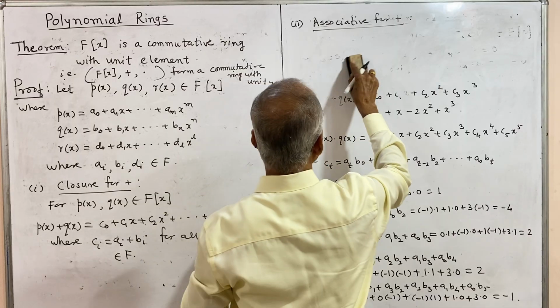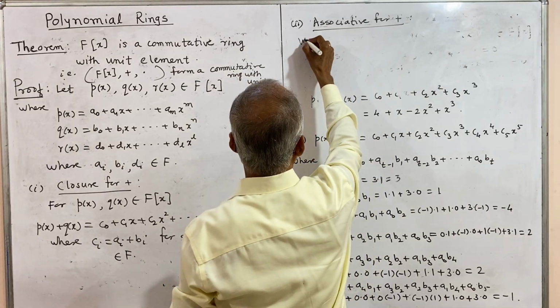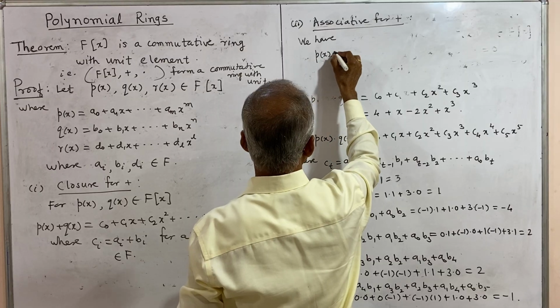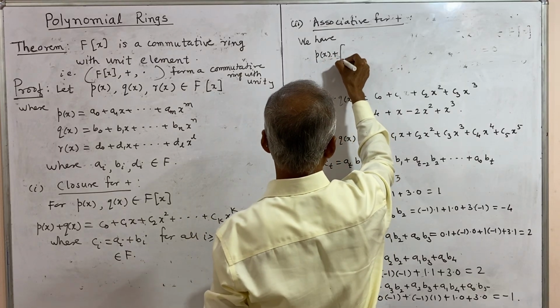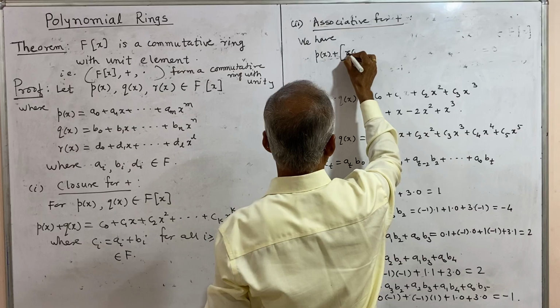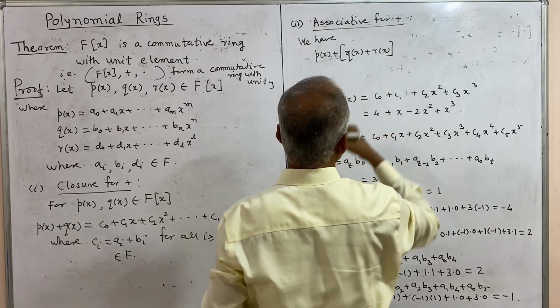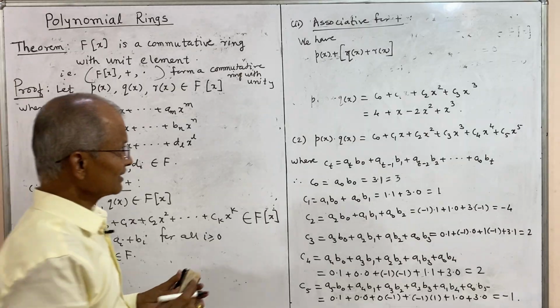So we have p of x plus q of x plus r of x.